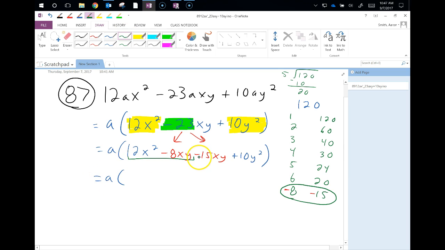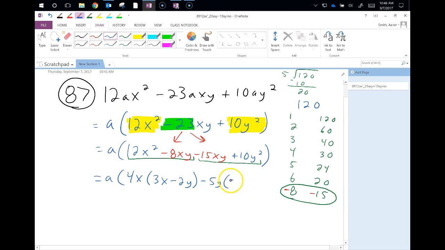Group these two and factor, group these two and factor. So I can take out a GCF in the first two of 4x, leaving me with a 3x minus 2y. In the second two, I always recommend taking out that middle sign. So I'm going to take out a negative 5y.